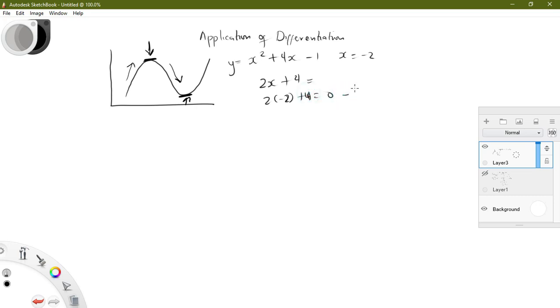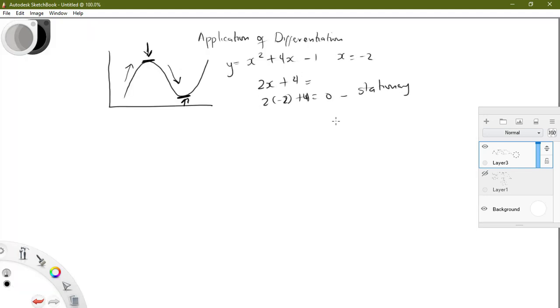So at this point it is stationary, and since it is stationary at this point, we cannot really tell, because there are some functions that will be stationary at two different points. Like for example, this kind of function that we have here, stationary at two different points. Now how would you be able to tell if it is maximum or minimum at that point?